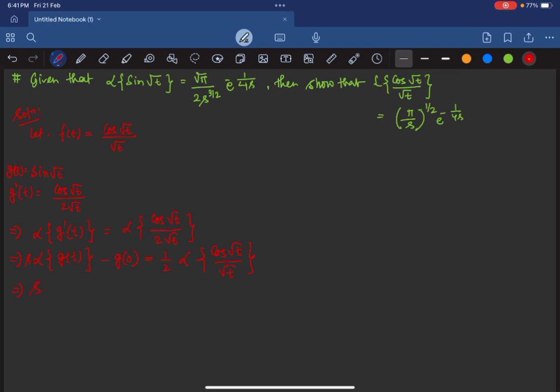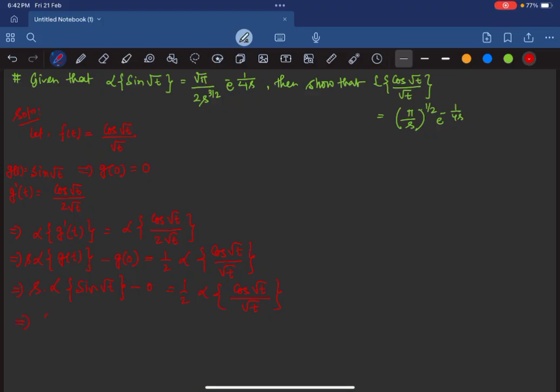Now here you can see s into Laplace of g(t), that means Laplace of sin root t, minus g(0). From here you can derive g(0) is 0, so you can put 0, equals half Laplace of cos root t by root t.